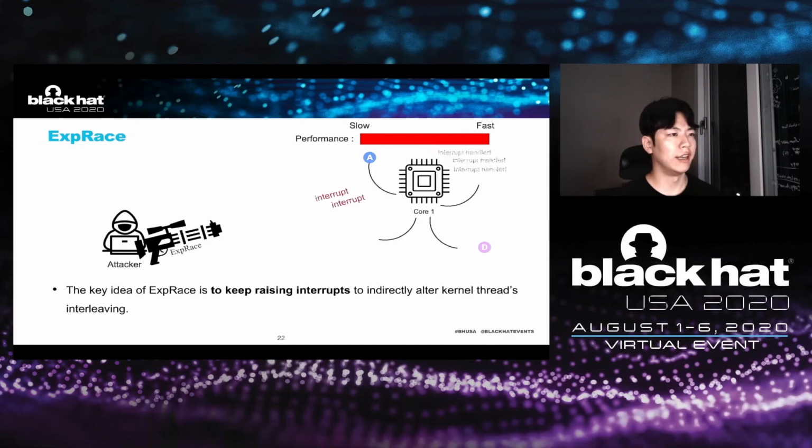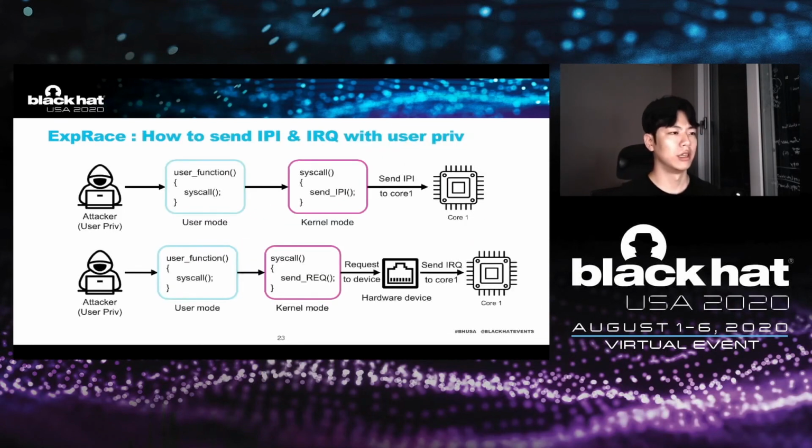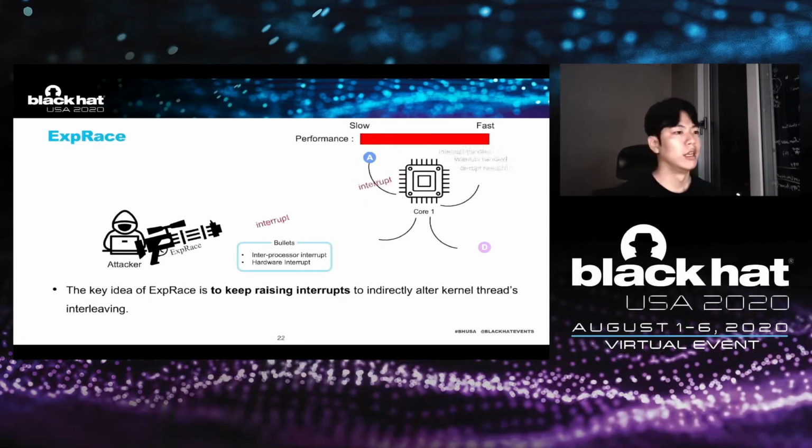This suggests that if the interrupt handling happens to fall into the time window we are targeting, the size of the time window will be extended while handling it. To demonstrate this idea, we found two types of interrupts that can affect the kernel mode execution: interprocessor interrupt and hardware interrupt. Let's call them IPI and IRQ for short.